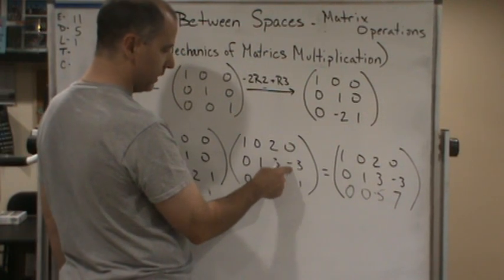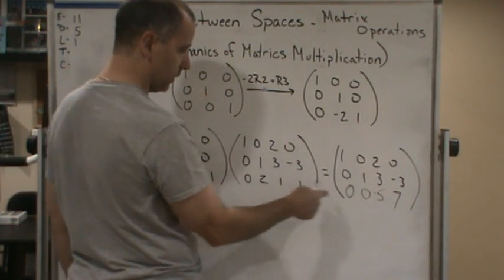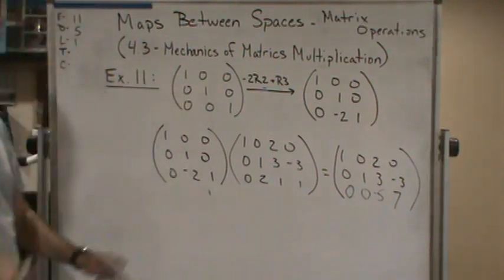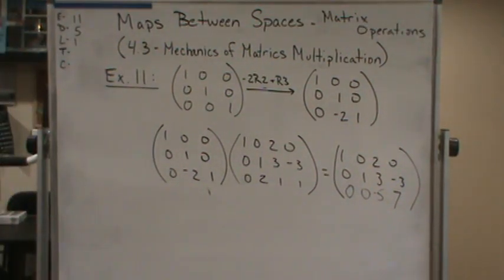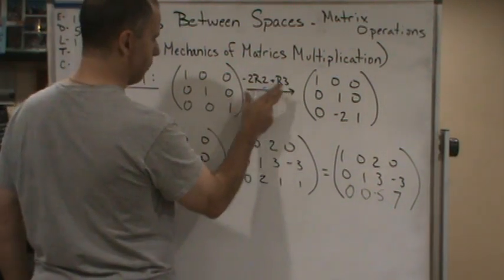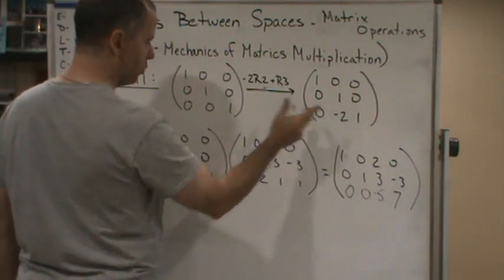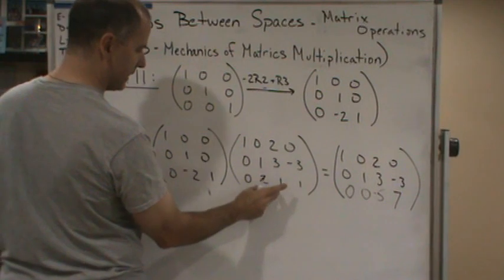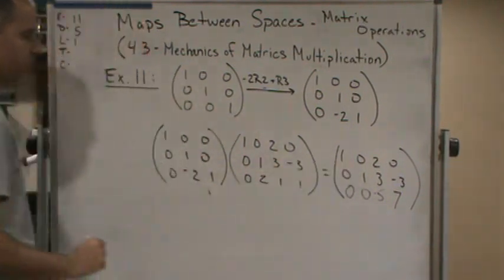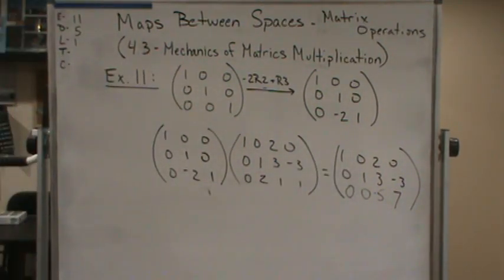Negative 2 times negative 3 is positive 6, plus 1 is 7. It does exactly the same thing. So doing this operation on the identity translates into doing the exact same thing on any matrix. All right?